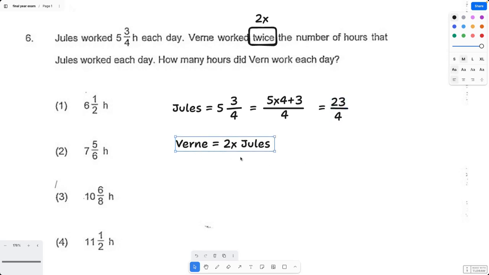So now we know that the improper fraction is 23/4 for Jules. That means for Vern, we can have 2 times 23/4. I know I'm repeating the same number, but it's basically 2 times 23/4.